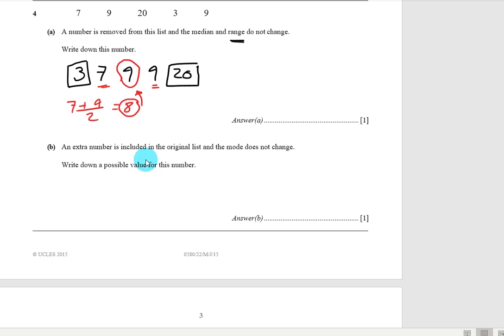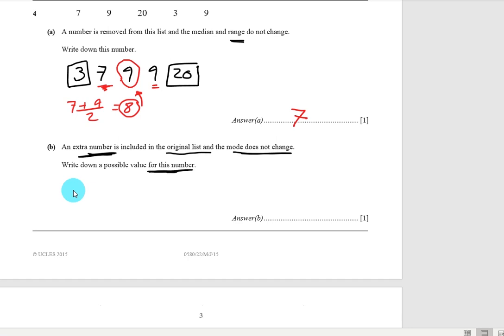So I can't remove 9, I can't remove 3, I can't remove 20. The only number I can remove is 7. An extra number is included in the original list, and the mode does not change. Write down a possible value of this number.